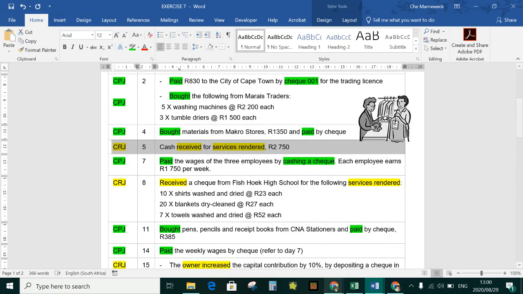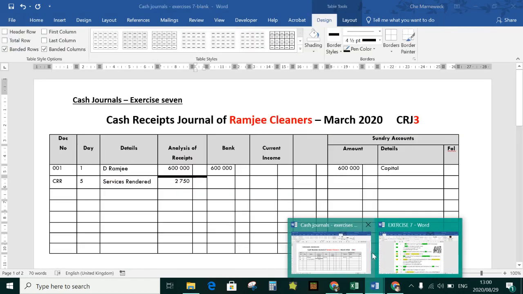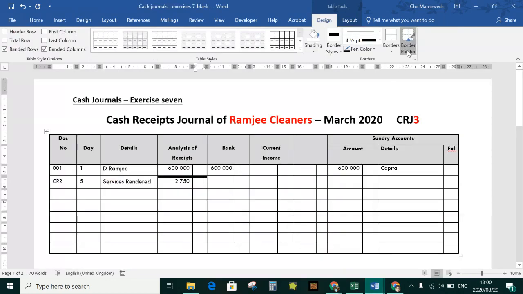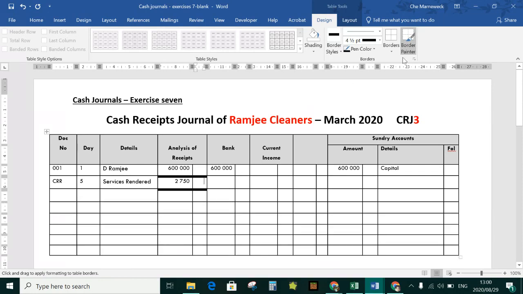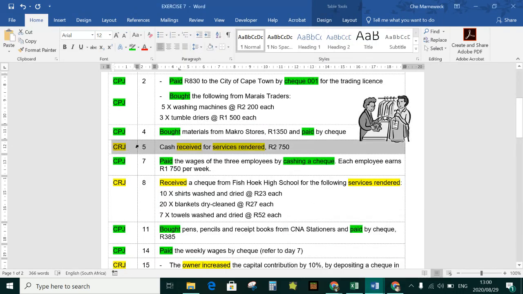No, we don't. So it's the end of the day. We get out our ruler and we underline analysis of receipts. We add up all the money we have received and we deposit it into our bank account. What is the 2,750 Rand for? Current income. And we move on to the very next CRJ transaction.